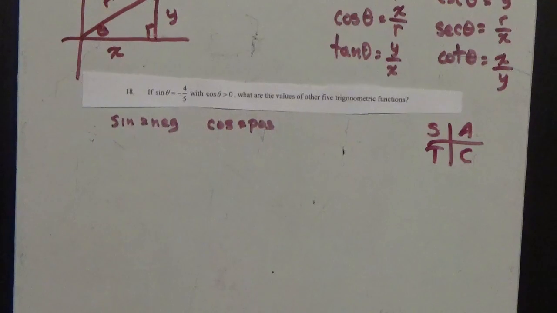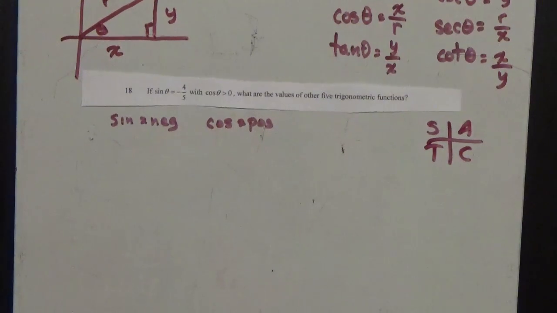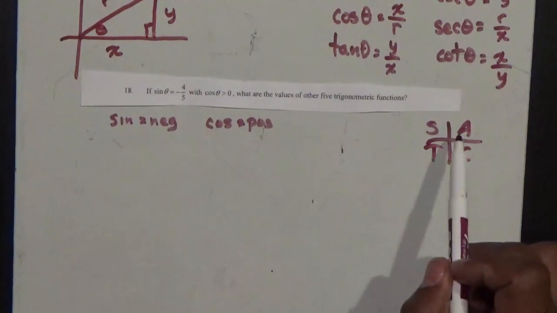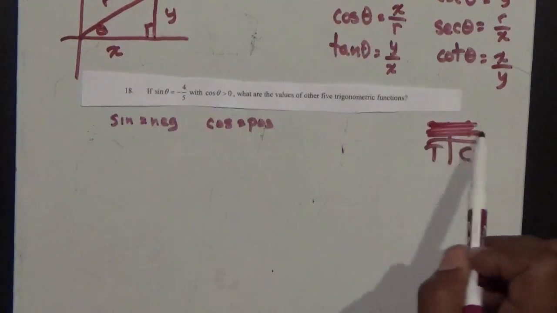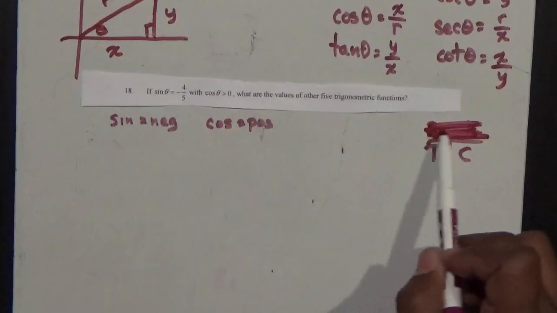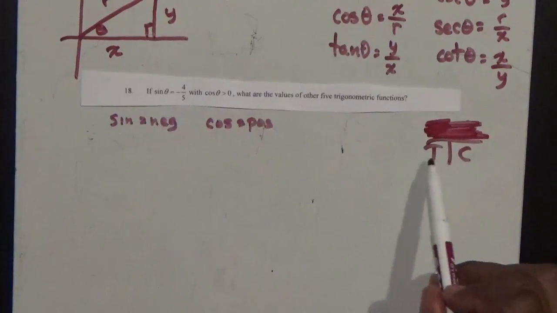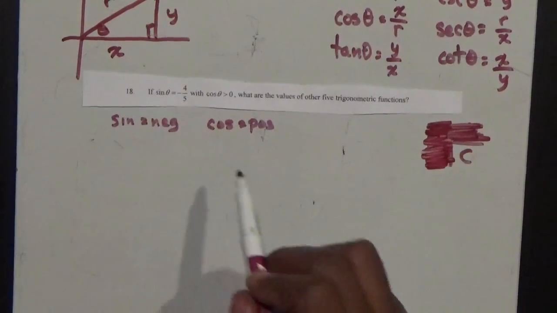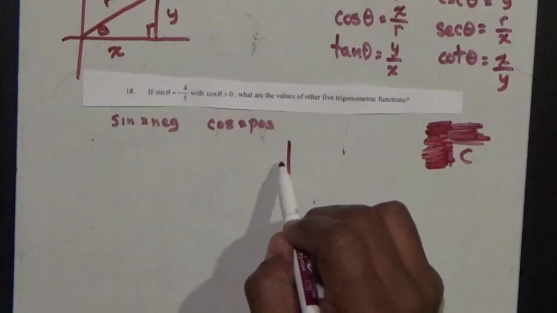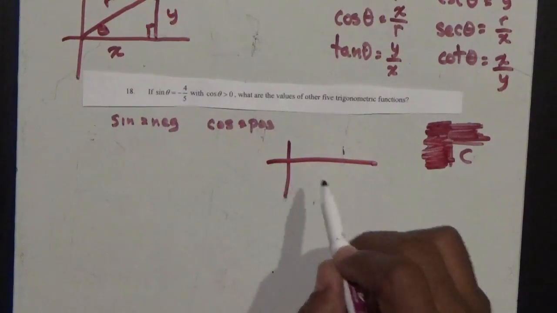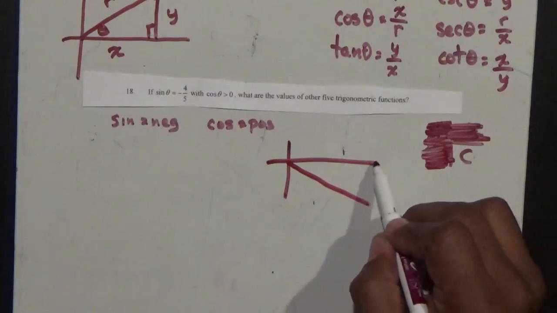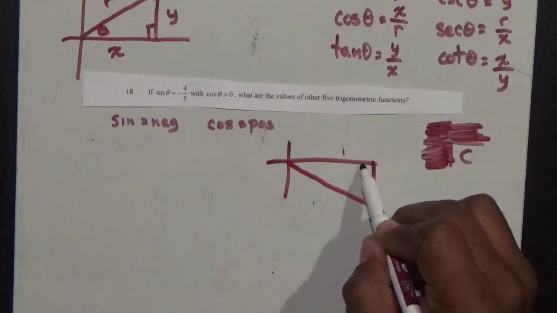So sine is negative, can't be here, can't be here, because that's where sine is negative, and where cosine is positive, so it has to be in the fourth quadrant. I draw a fourth quadrant triangle with my adjacent always on the x-axis.